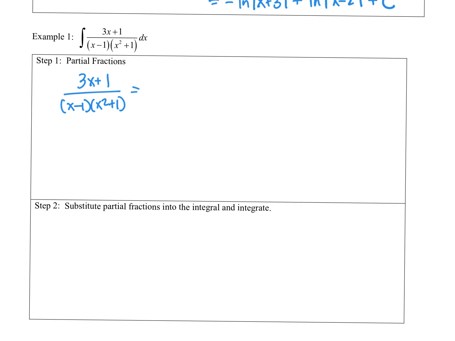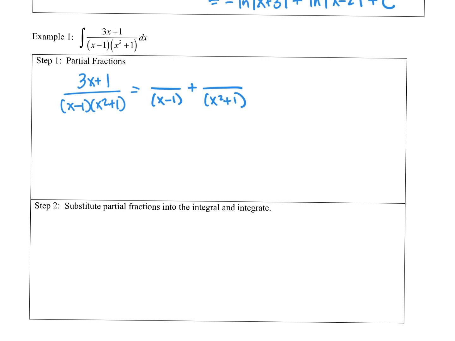There are two factors in the denominator, so we will still have two fractions. One will have an x minus 1 in the denominator. Another will have x squared plus 1. I have factored all of these for you already, but a lot of times when you'll use partial fractions, you'll see something that isn't factored, and your very first step will be to factor the denominator. But I believe in your abilities to factor, maybe too confidently.